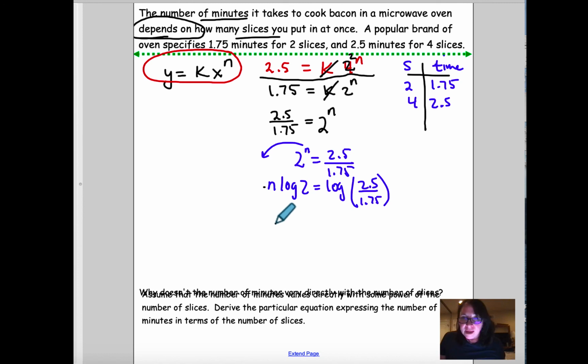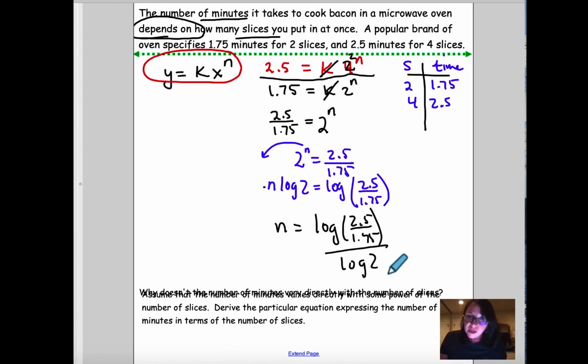So n is equal to log of 2.5 divided by 1.75, divided by log base 10 of 2. We talked about how to plug these into your calculator. Those who have the TI Inspire, this would be log base 2 of this, with the change of base form. I end up getting, for this problem, n equals 0.5145.